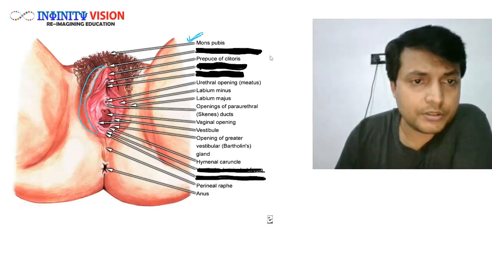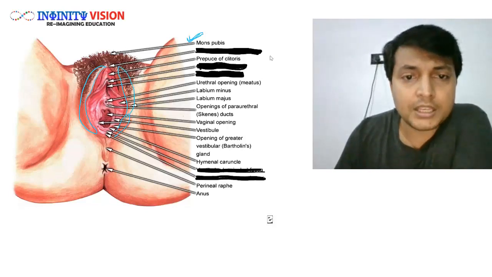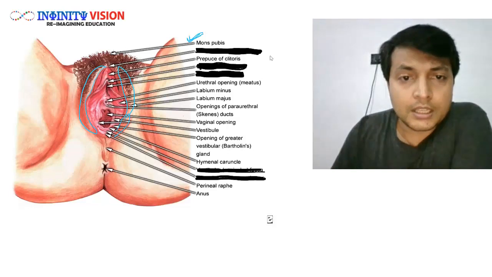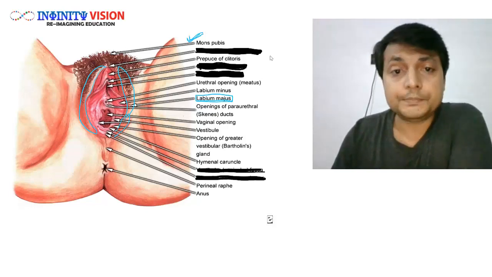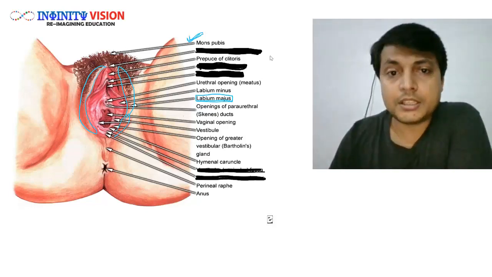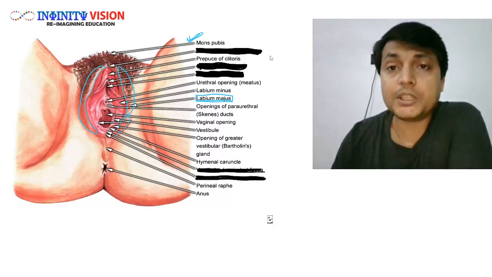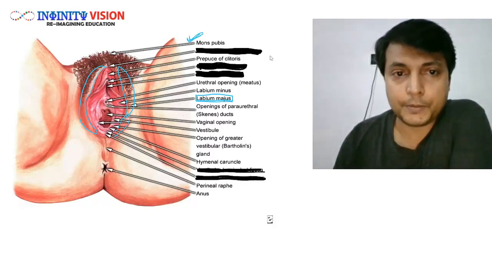This whole outer flap of skin is called labia majora or labium majus. It is the outer labium. Labium means lip-like structure, so it is an outer lip-like structure which has pubic hairs.